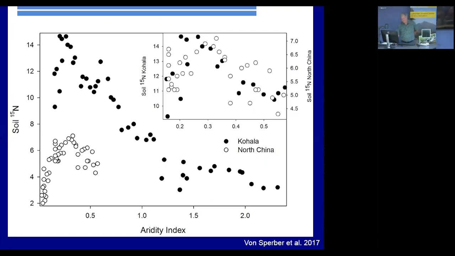But it's an interesting phenomenon because the advantage of experiments is you can see what's going on over a few years. The advantage of using isotopes is you're integrating over many, many years. And the two should complement each other. Actually, what I think is going on makes sense, but I have no evidence for it.